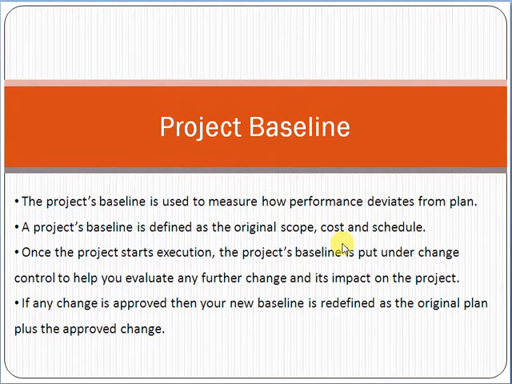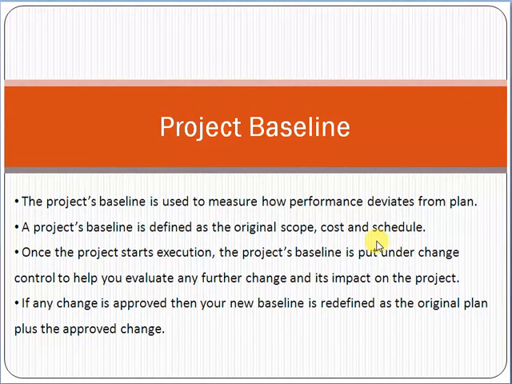The original scope is that you have to deliver five modules of financials. The cost will be, for example, $5,000, and the schedule is 5 months. So the scope is 5 modules, cost is $5,000 and the schedule is 5 months.